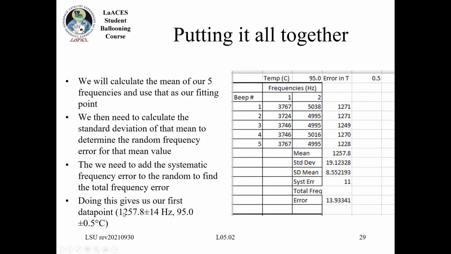So I would actually round that to 1260 plus or minus 14 hertz, and then 995 plus or minus 0.5. That gives me a single data point that I would then be using to plot or do analysis on, that I've averaged these 5 points together with.